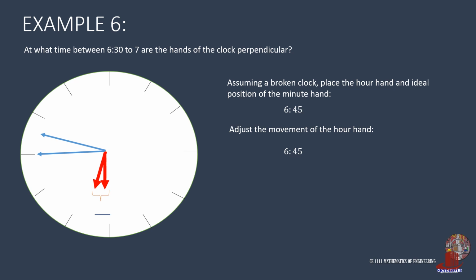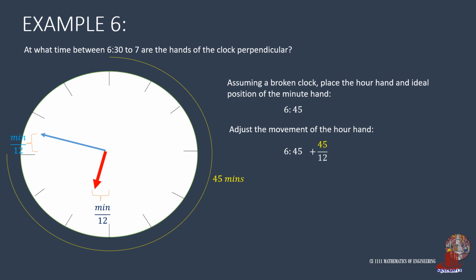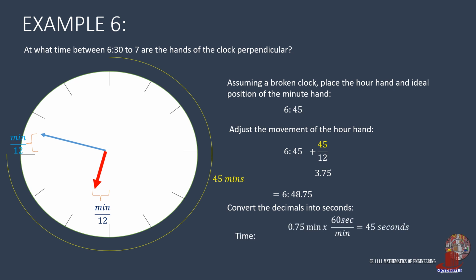The adjustment then uses 45 minutes, which simplifies into 3.75 minutes, making the time 6:48.75. Multiply 0.75 by 60 and get 45 seconds. So the time is 6:48:45.